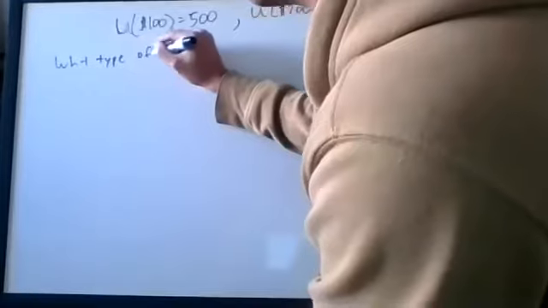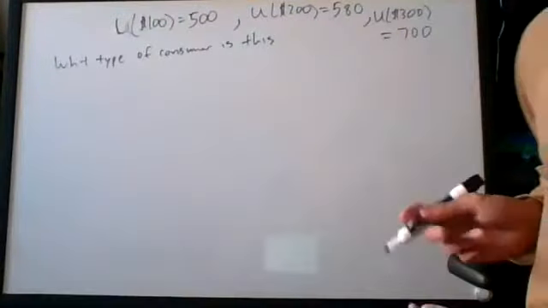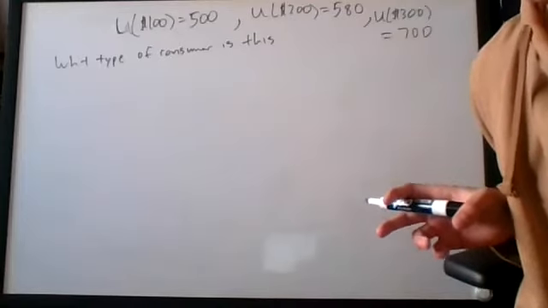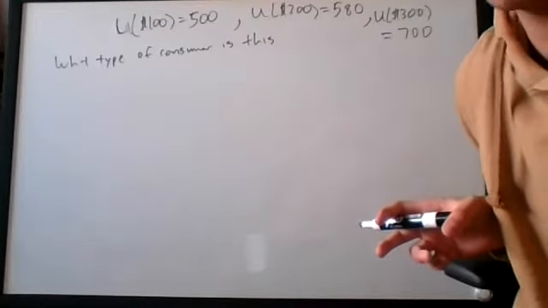And we're asked, what type of consumer is this? Is this person risk averse? Are they risk neutral, or are they risk loving? And how do you go about finding this information?